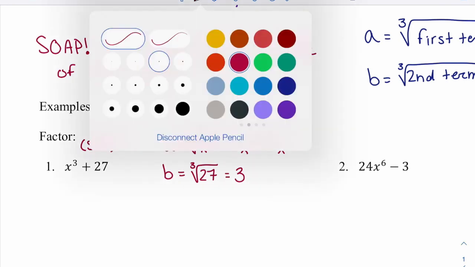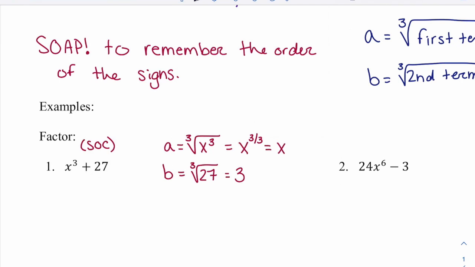I'm going to rewrite the formula down here so we can remember it. It's A plus B, same, times A squared, let me use proper parentheses, minus AB plus B squared. So now I can just sub in the appropriate spots.